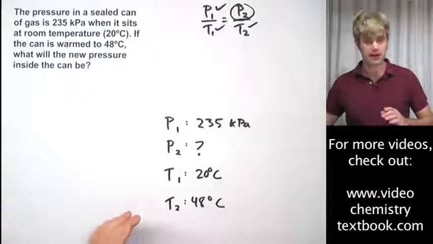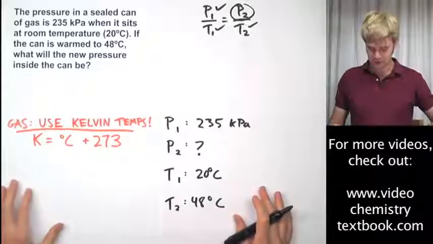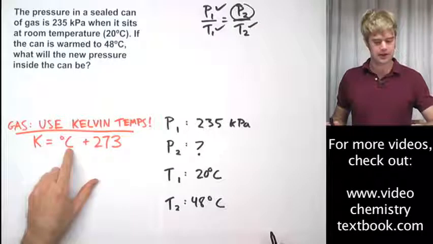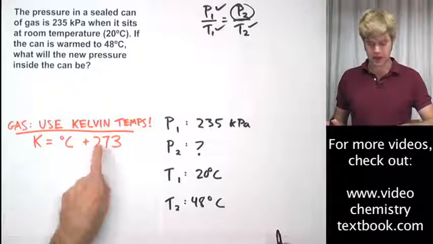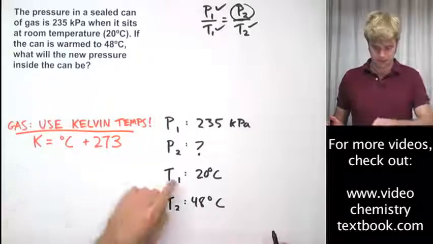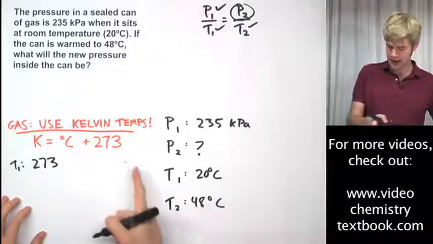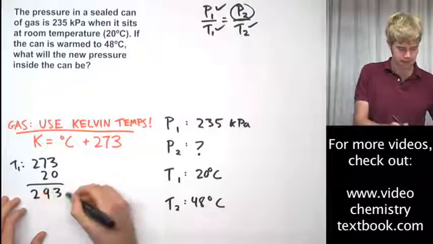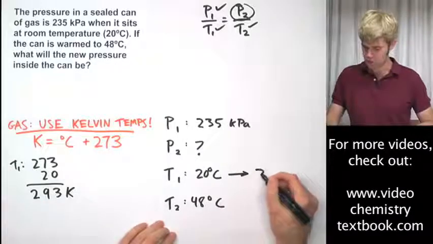Okay? So here are our variables. Now, you may remember this. Whenever we use gases, we need to convert these temperatures into Kelvin temperatures. And we do that here by taking the Celsius temperature, 20 or 48, and adding 273 to it. So before we plug anything in, let's get these Celsius temperatures into Kelvin. For T1, we're going to take 273 and add 20 to it, and so now we're going to have 293 Kelvin for T1.